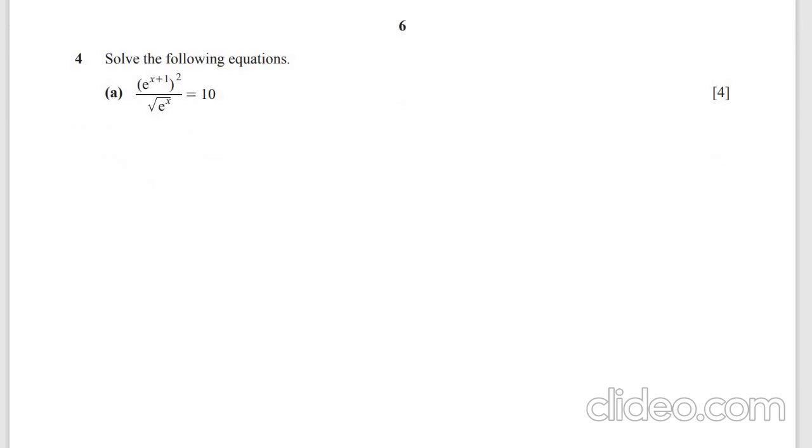Now moving on to number 4, we have to solve this equation. So first step, and then we can subtract the powers. So 2x take away half x is 1.5x.